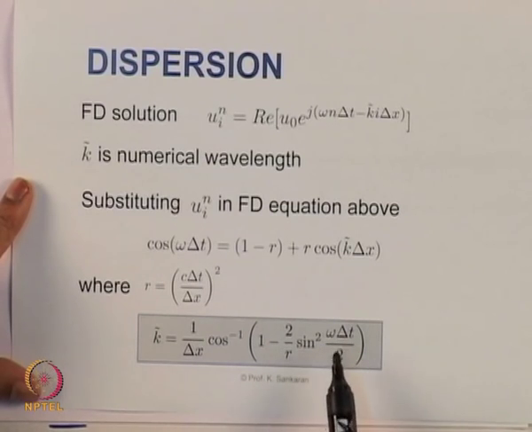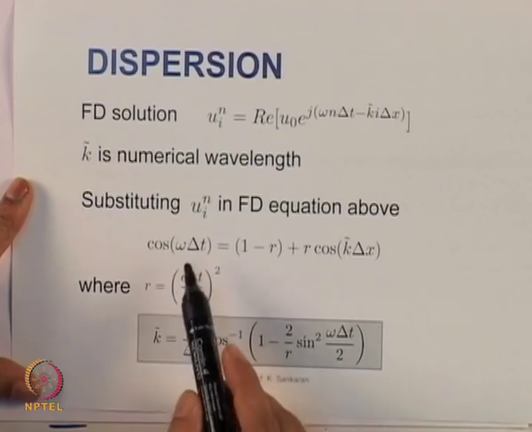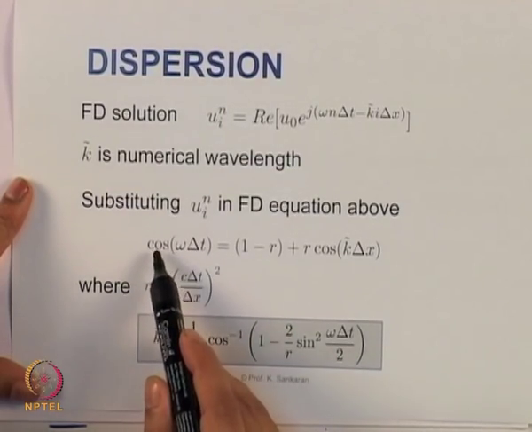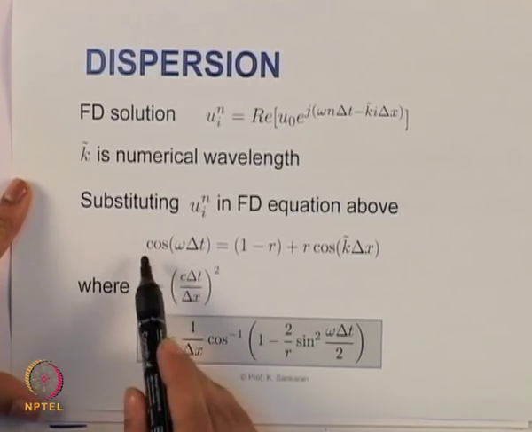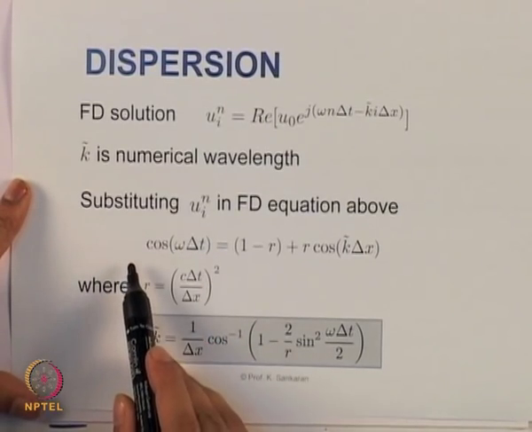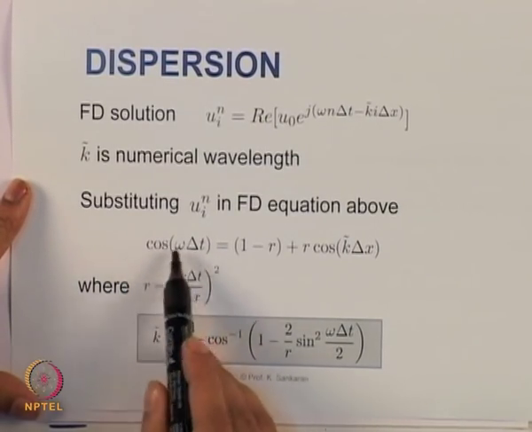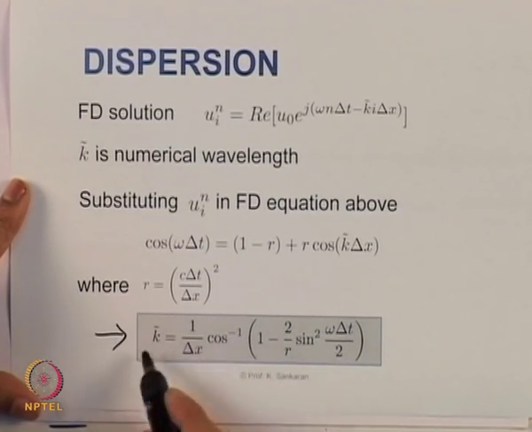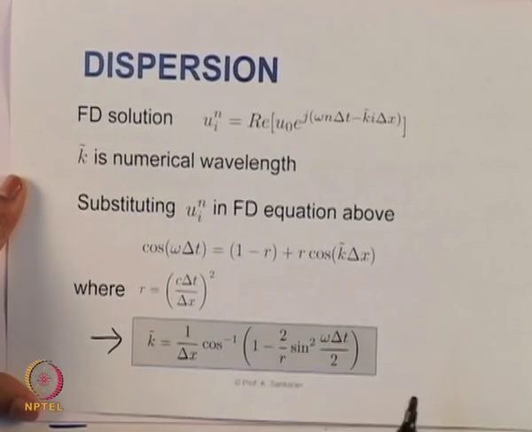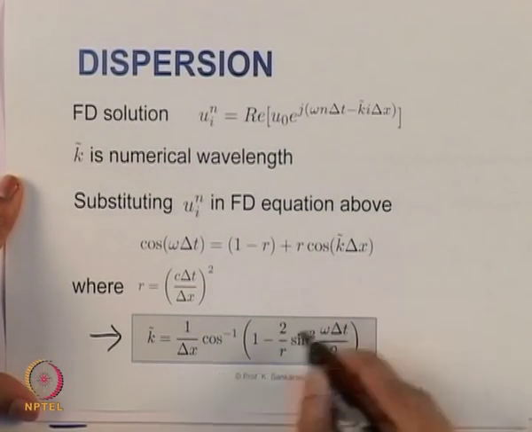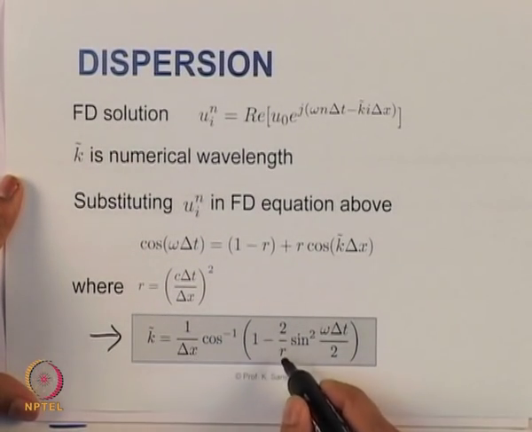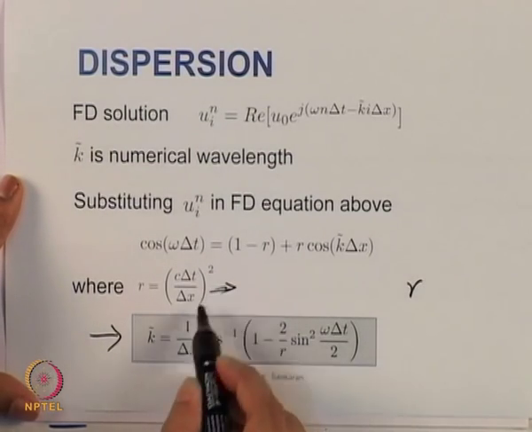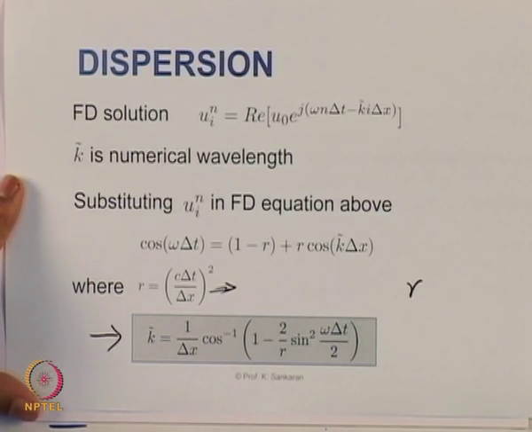What we have done is we have of course expanded this cos omega t in its series expansion, and we have taken only the first few terms. If you expand this in the way we have done so far, you will get an expression for k tilde as a function of delta t, delta x and r, and don't forget r is the one which we have represented here in this equation.